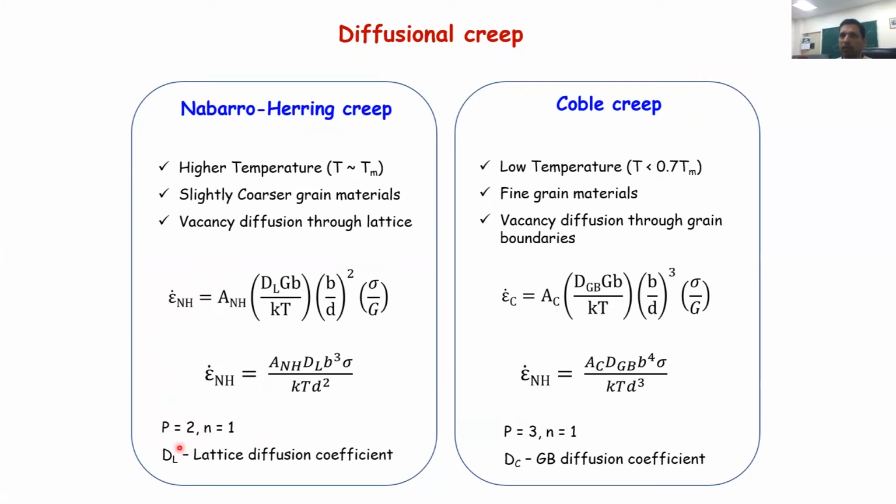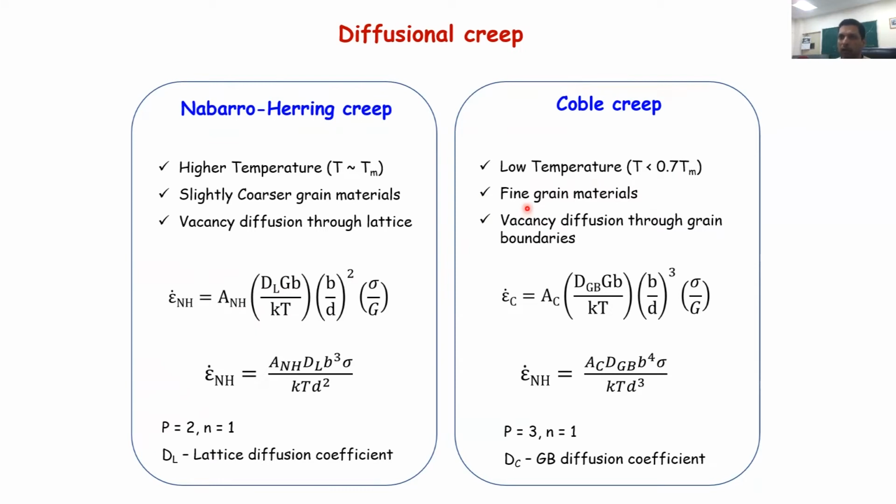So here p is equal to 2 and n is equal to 1, and D is replaced by D_L to represent lattice diffusion coefficient. Coble creep, relatively lower temperature, not low, mind you, it's relatively low. So T is still of the order of 0.7 Tm.